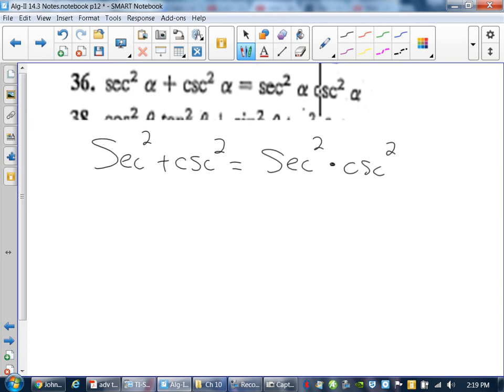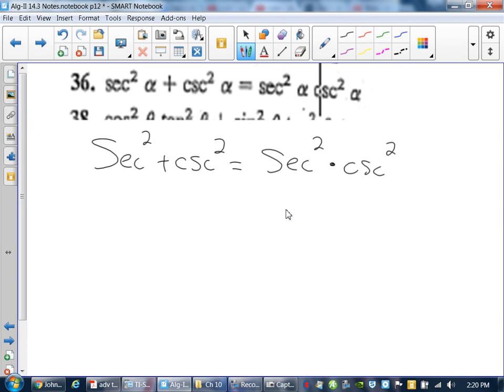This is the verify again. Now, what's nice about verify is that it tells you what the answer should look like when you're done. So at least you have an idea of where to make up as much stuff as you possibly can to see what sticks. What we generally do 98% of the time is a left to right verification, which means I want to make the left turn into the right.